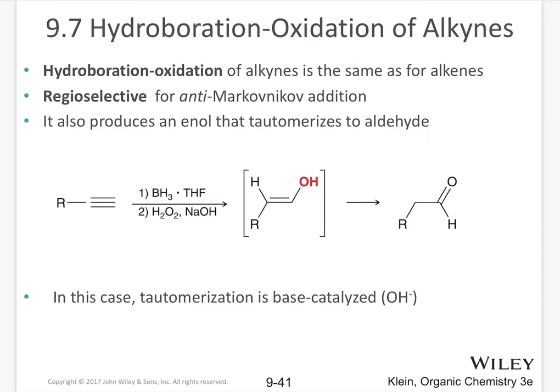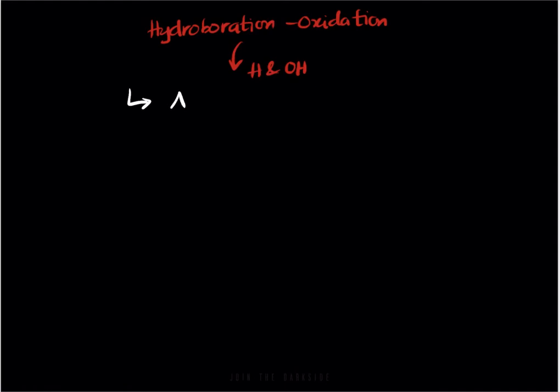Next, we'll continue the discussion on hydroboration and oxidation of alkynes. Hydroboration and oxidation also involves the addition of hydrogen and OH groups, but the trick here is it undergoes anti-Markovnikov addition.